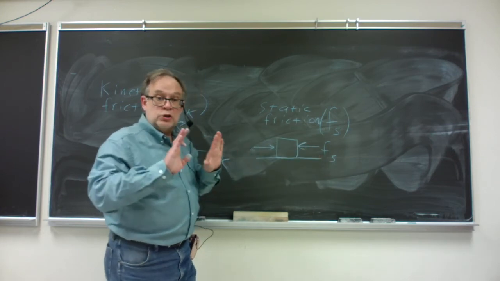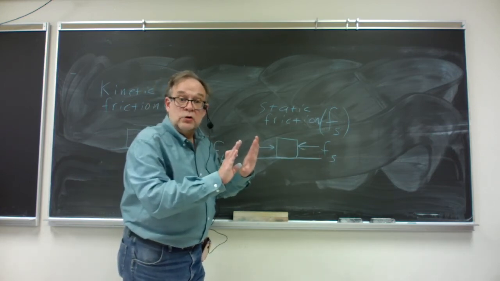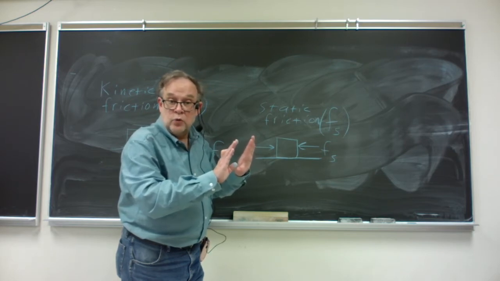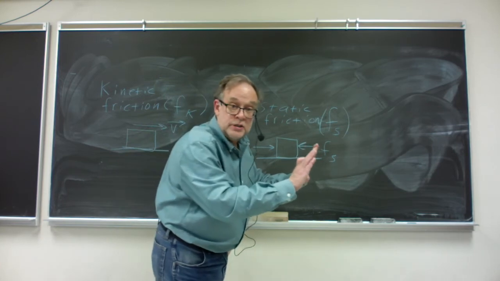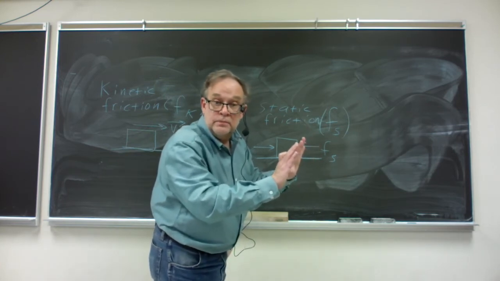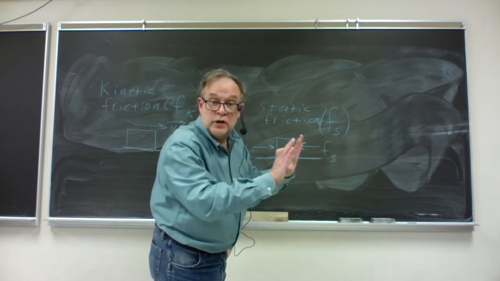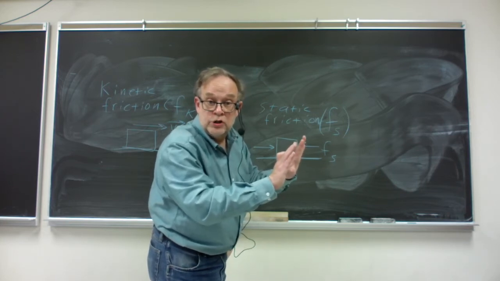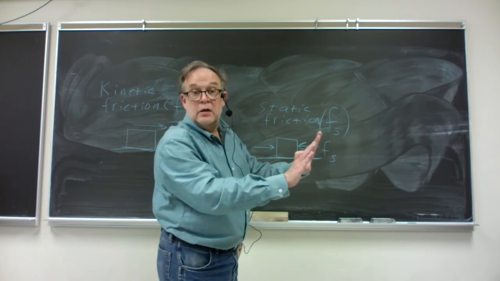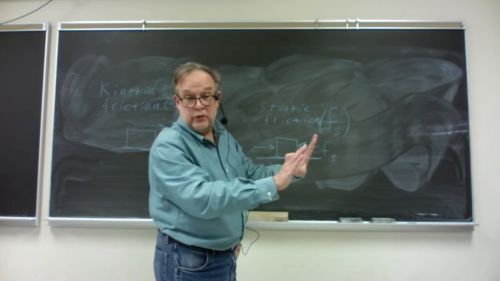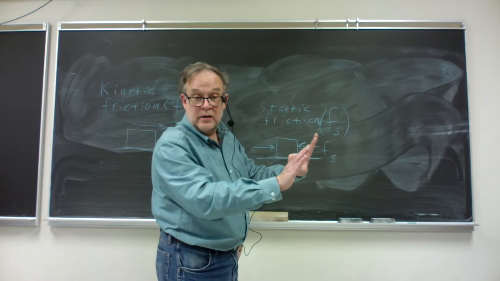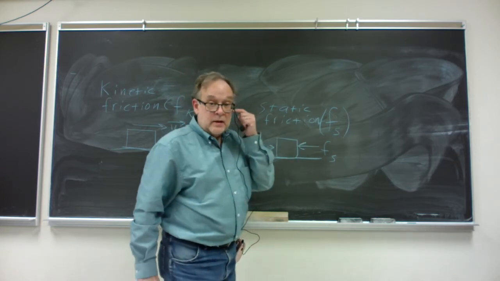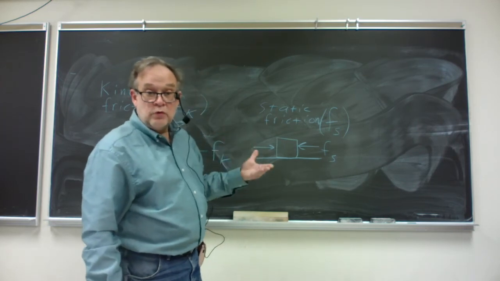You can push a little harder, and still the static friction force will be strong enough to match and cancel out your force. And push a little harder still, and still the static friction force can be strong enough to match and cancel out your push. But eventually, you're able to push hard enough that you can overcome that static friction and get the box moving.